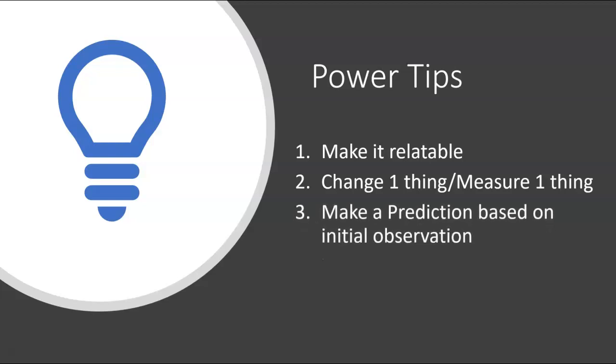The third thing is making a prediction based on an initial observation, so making that hypothesis based on some prior knowledge or a little bit of information that you've gathered in the initial observation. And finally, that interview practice. It's telling that story, making it relatable, telling the story in a captivating way to get the judges as excited as the student is about their research.